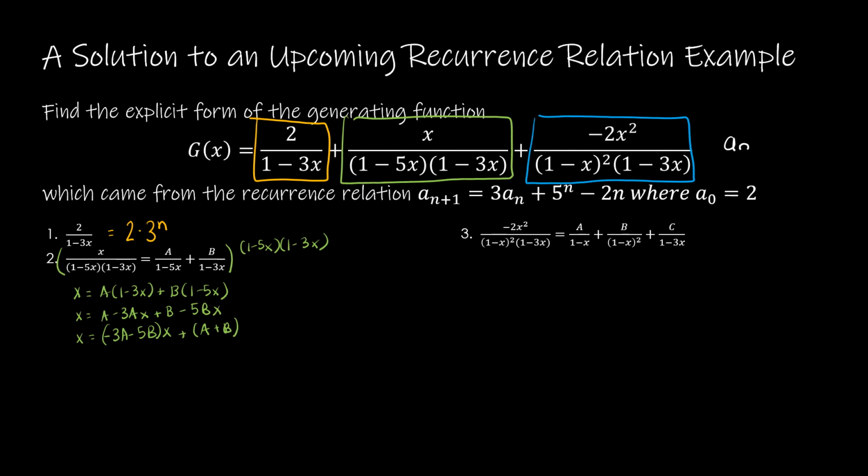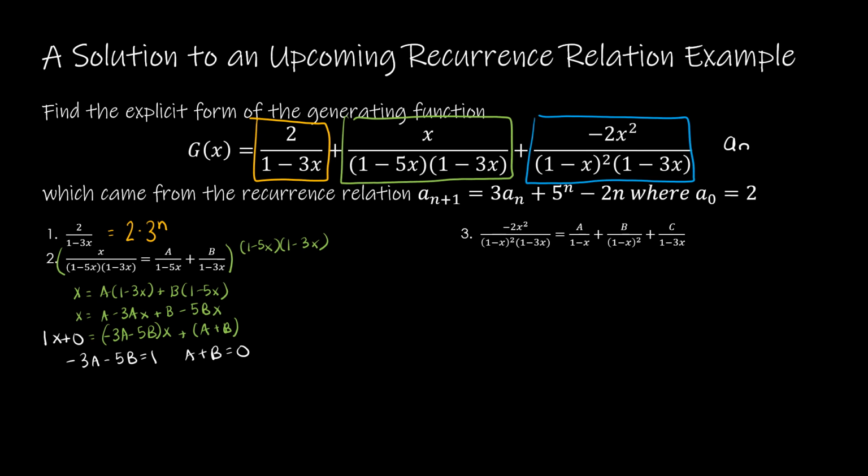From there, I have to write the system of equations. Keep in mind, this would be like 1x plus 0. So that means negative 3a minus 5b is equal to 1, and a plus b is equal to 0. Well, how do I solve a system of two equations? Well, substitution, elimination, matrices, pick your poison, whatever makes the most sense to you.